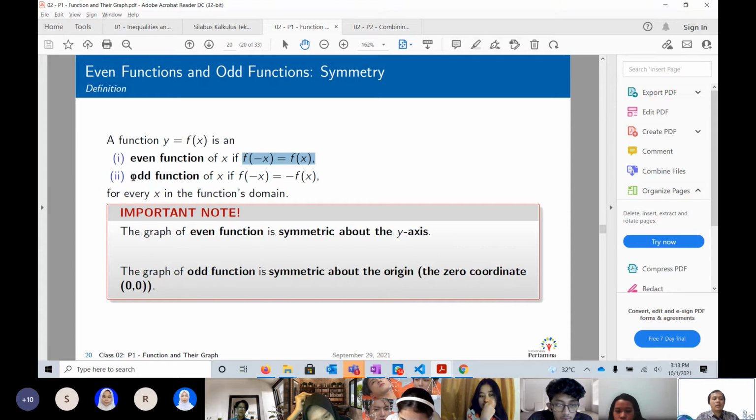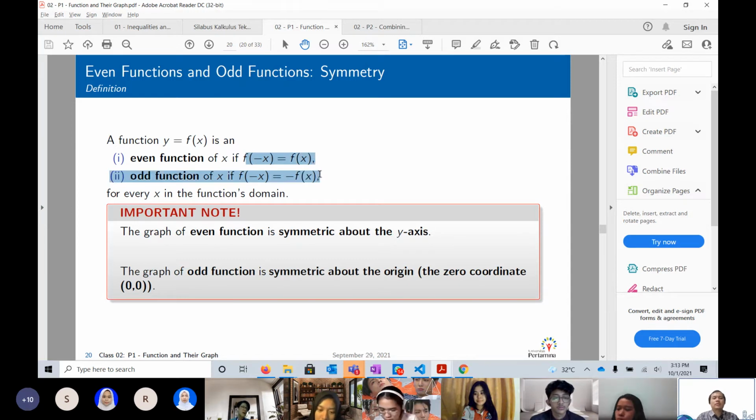We call y equals f of x an odd function of x if f of minus x equals minus f of x.